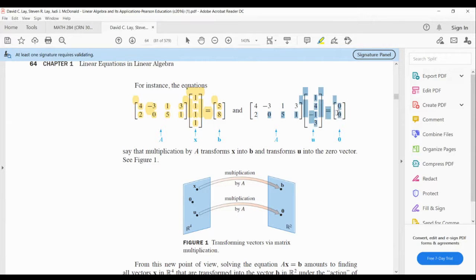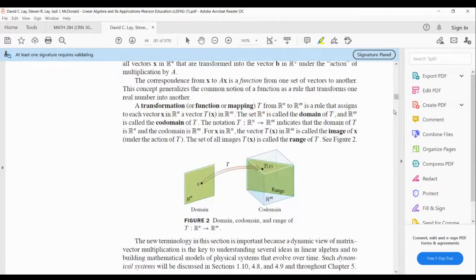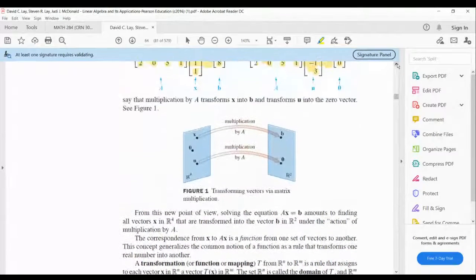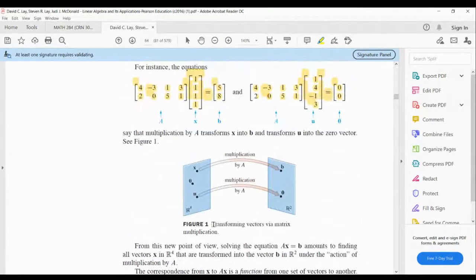Similarly, here's another example where you take a vector u and map it into the 0 vector. This figure 1 very nicely shows, symbolically, what you're doing. You're taking vectors x and u in 4-dimensional space and mapping them into 2-dimensional space.